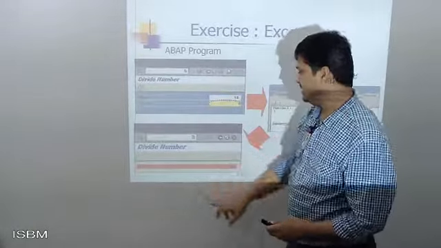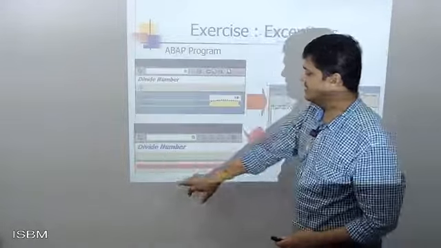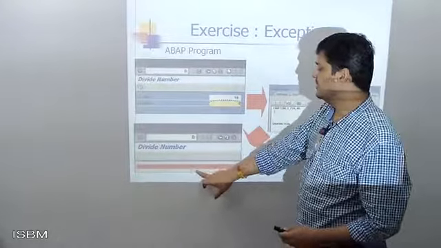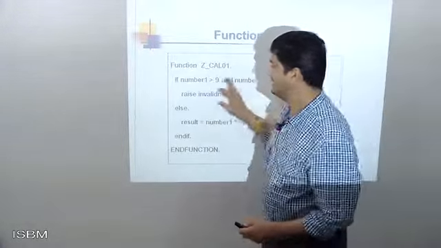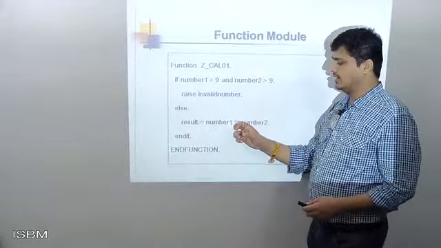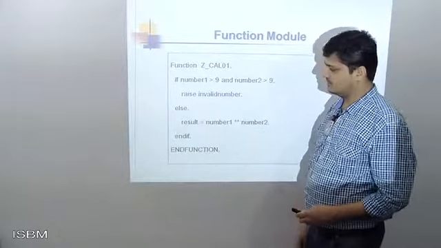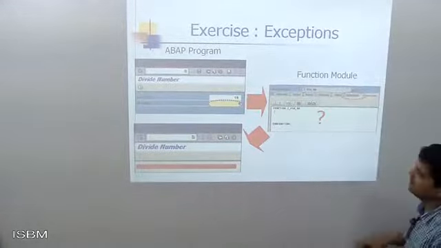Raise invalid number colon number 2 cannot be 0. You need to write this entire thing, else result equal to number 1 divided by number 2, or whatever. So this is the way you can write your function module over here.